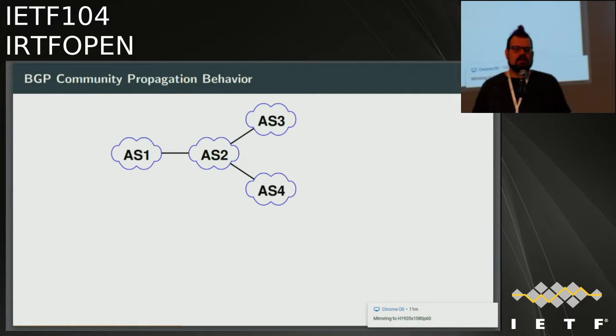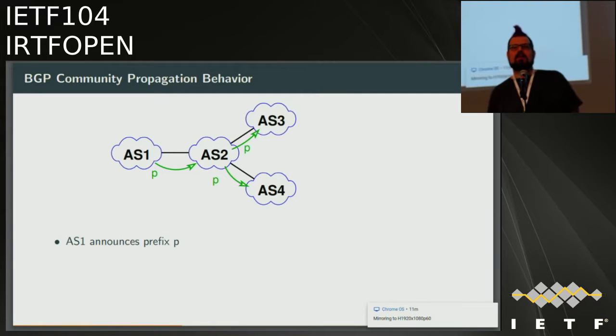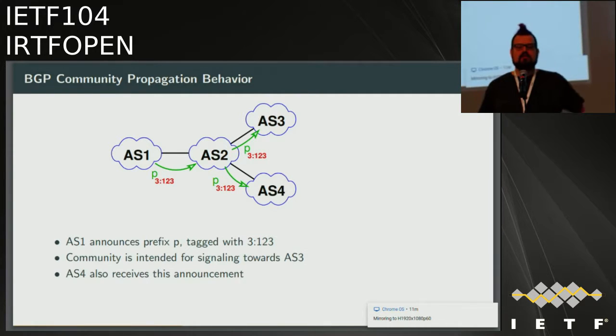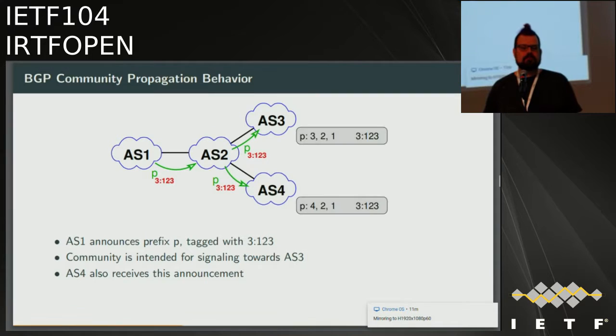Now, looking at another very complex AS topology, AS1 again announces a prefix to AS2 and adds a community 3:123 to inform AS3 or execute path prepending there. You will notice that this community value is also propagated to AS4. Although it's only intended for signaling something towards AS3, AS4 is also receiving an announcement with this community. So we end up with two different AS paths.